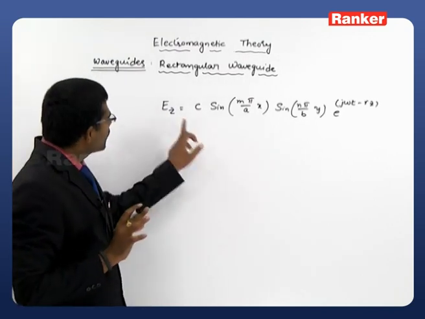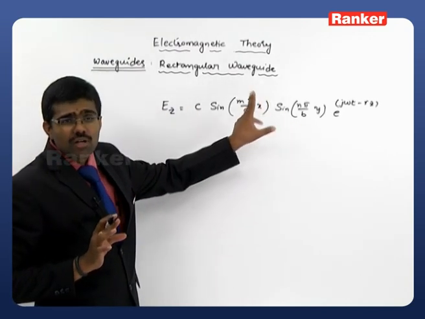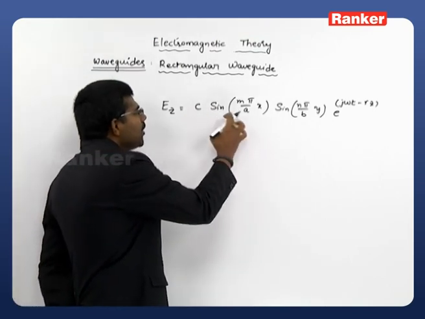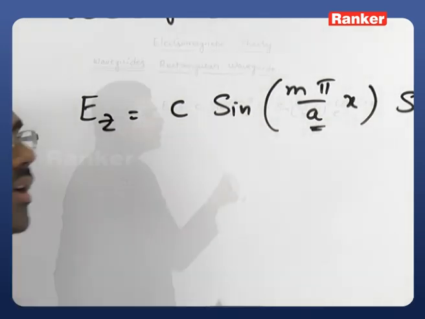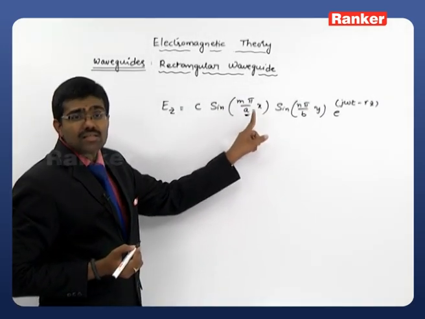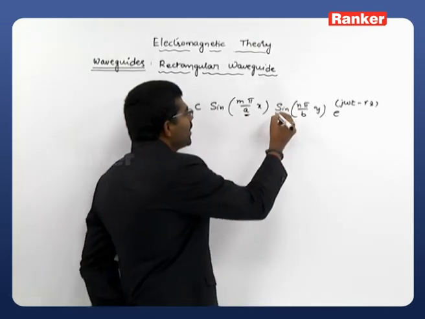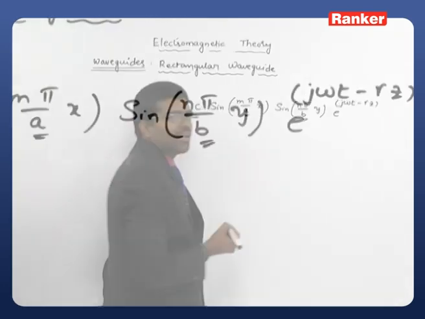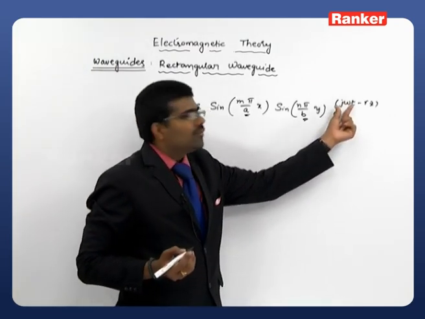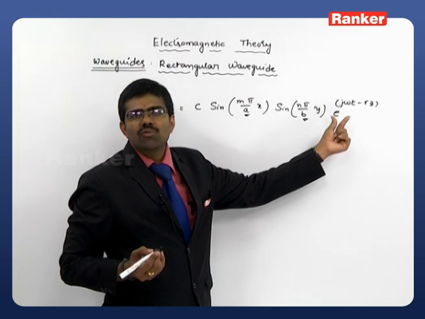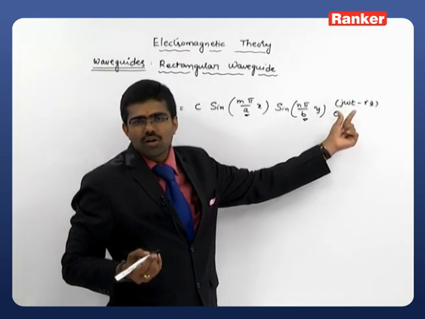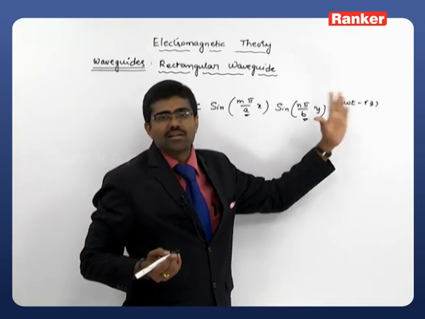Here clearly examine this equation. So what are the different components we have? C is some constant, then a sinusoidal signal which is purely dependent upon our broader dimension, m pi by a. This is dependent upon the broader dimension. Similarly, a sinusoidal signal which is dependent upon the narrower dimension b. And this e power j omega t describes that it is a time varying function, and this gamma z describes that it has some propagation constant, and it is traveling in z direction.